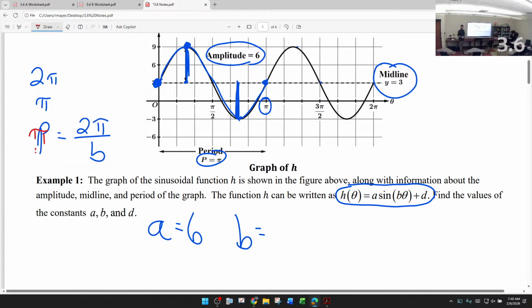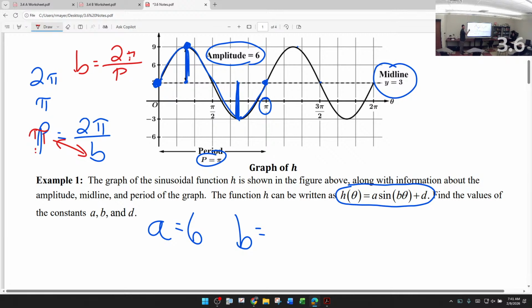And quick algebra is you multiply both sides by b and you divide both sides by p, or you just switch those two. I use b is equal to 2 pi over what the period is. All I did was switch these 2 variables.